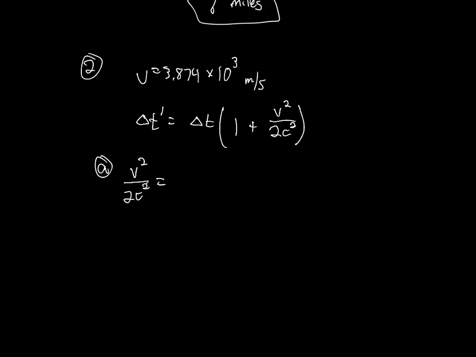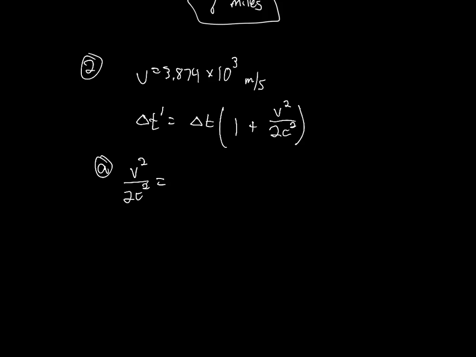How would I do that? How do I find v squared over 2c squared? Do I know what v is? What are you trying to solve for, the whole thing? Yeah, they just want us to calculate what is v squared divided by 2c squared.